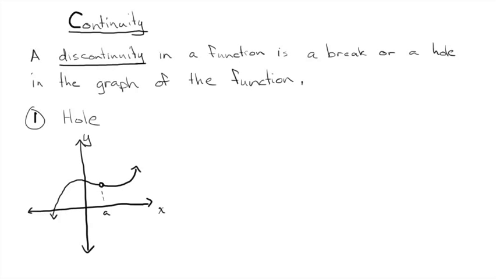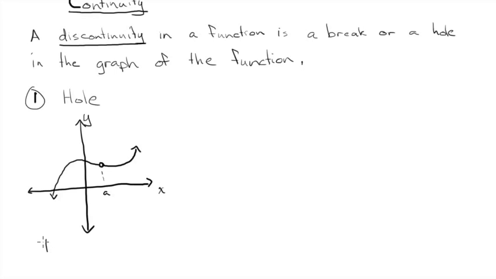So we'd say there's a discontinuity at x equals a. We'd call this a point discontinuity. Okay, so that's one way you could have a discontinuous function.